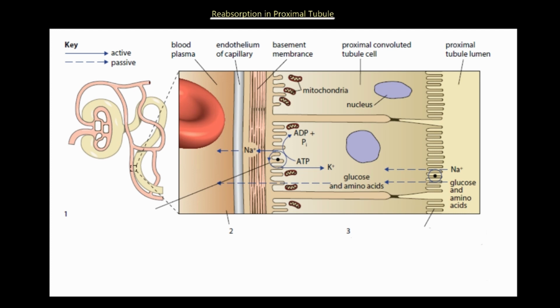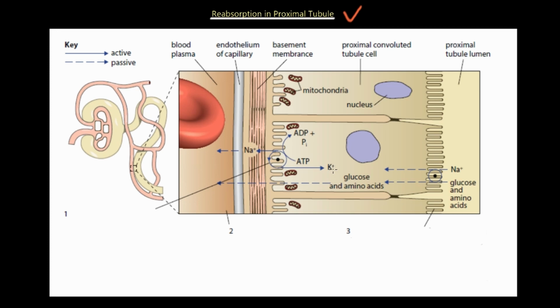We don't want to get rid of the amino acids. We don't want to get rid of the glucose. We don't want to get rid of many of the inorganic ions. And so therefore, a huge chunk of them, most of the reabsorption will be occurring in the proximal tubule. And this is the mechanism of how it is going to be happening.